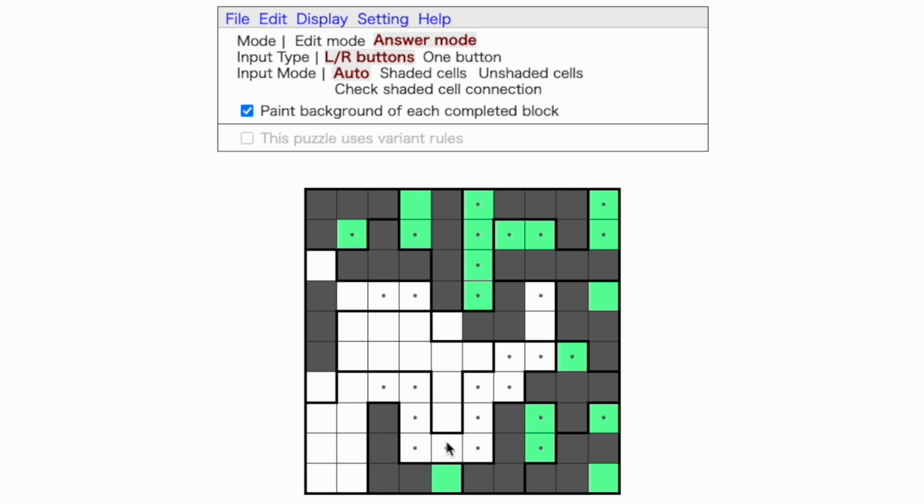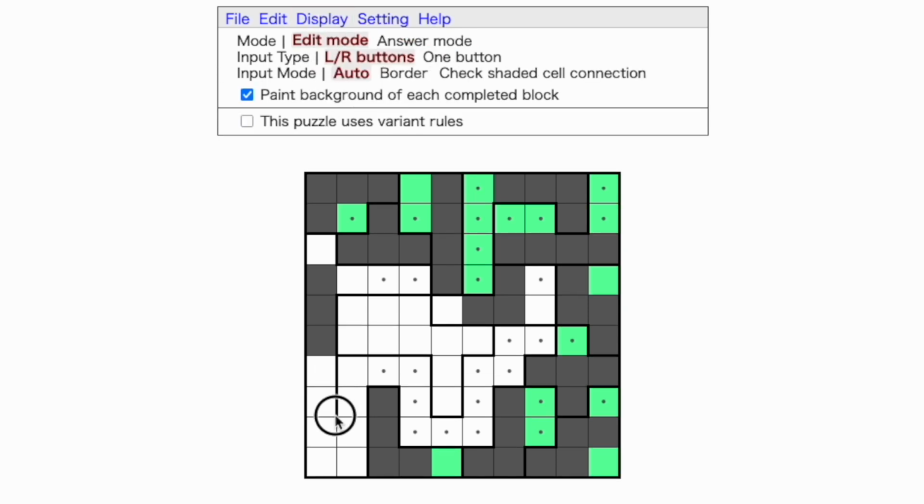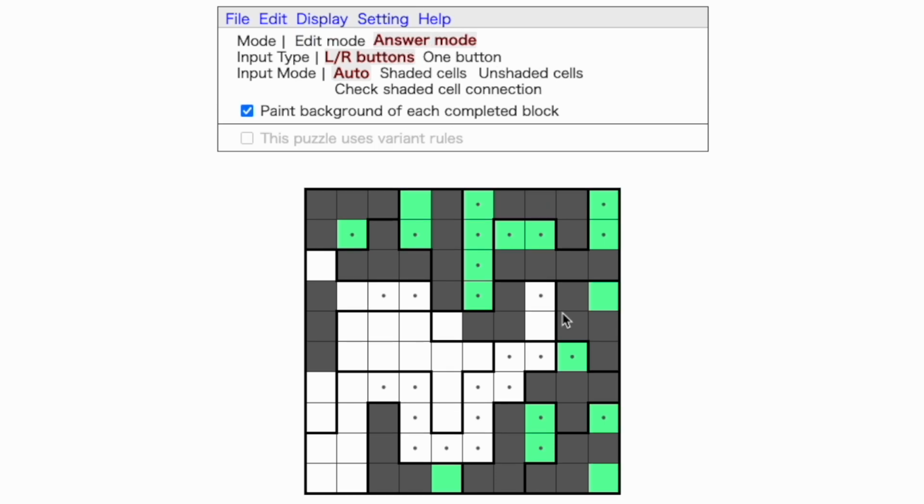And our restriction on this shape is what made that unambiguous. If we brought this down one further, now there's only one.